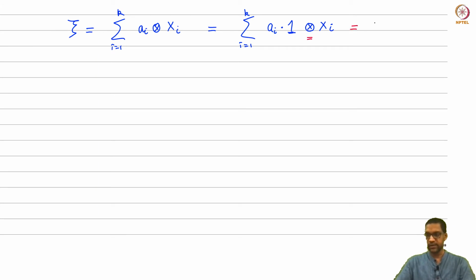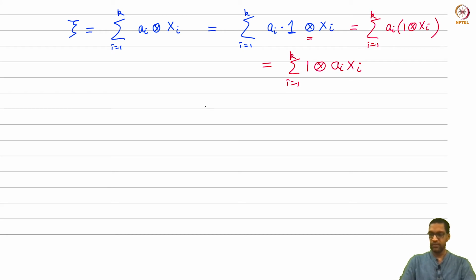So we had this property: I can either write it as ai times 1 tensor xi or as summation 1 tensor ai xi. These are all properties coming from the bilinearity, since this tensor product symbol is bilinear. When I put two elements there, it's linear in each component.